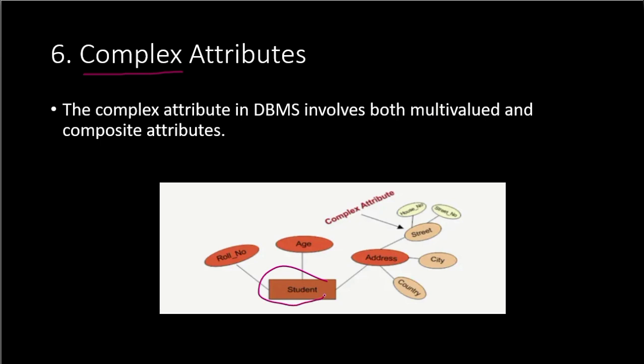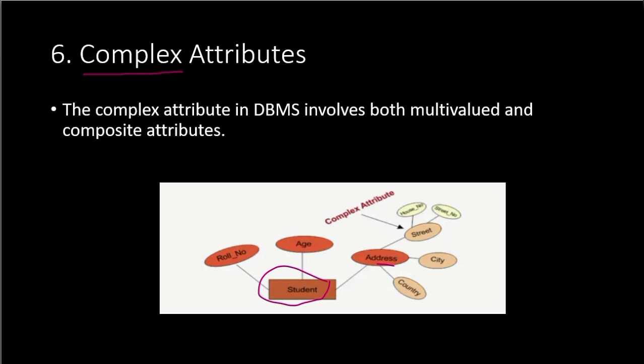For this you have the roll number, and if you consider the address, then for this address there will be street, city and country, and within the street there will be particular entities like house number, street number and location. This is about the complex attribute.